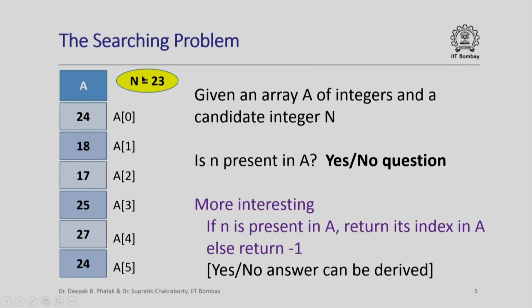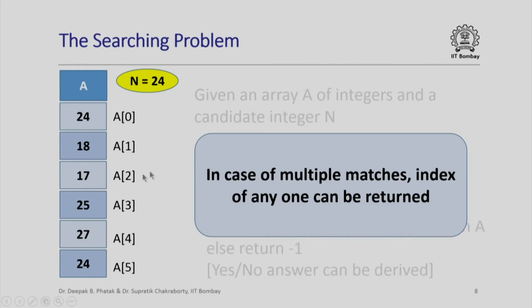On the other hand, if I give 23, which is not present in this array, it should return -1. Instead, if I give 24, note that there are 2 occurrences of 24 in this array, so it could either return 0 or it could return 5, and what we will say is that in case of multiple matches, the index of any one of them can be returned.